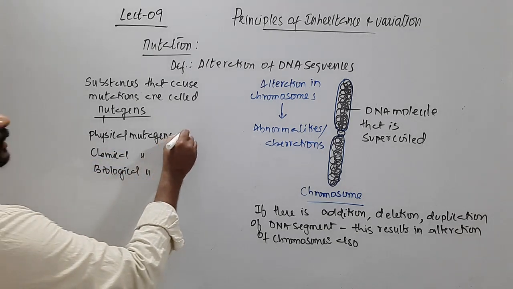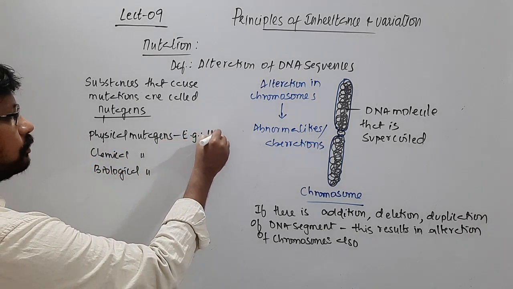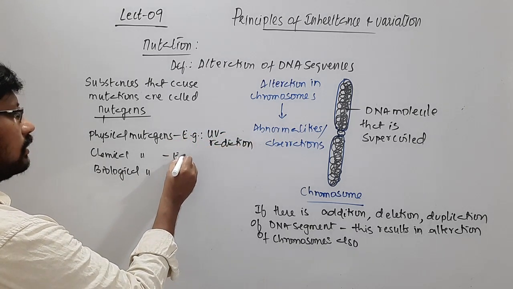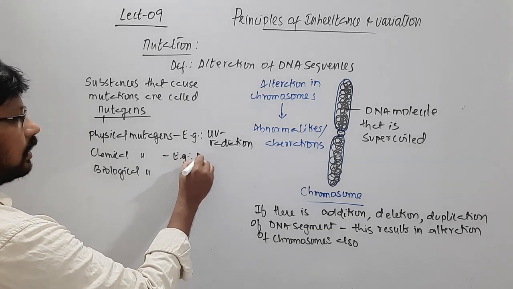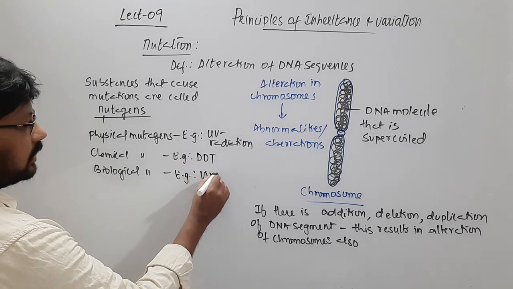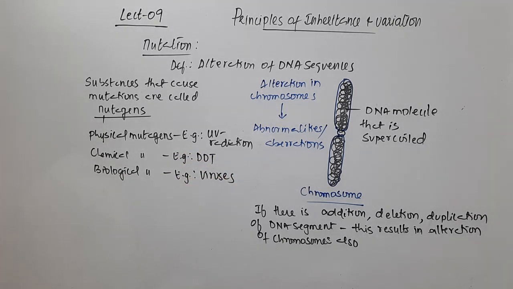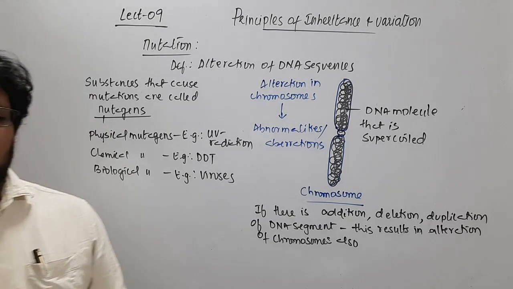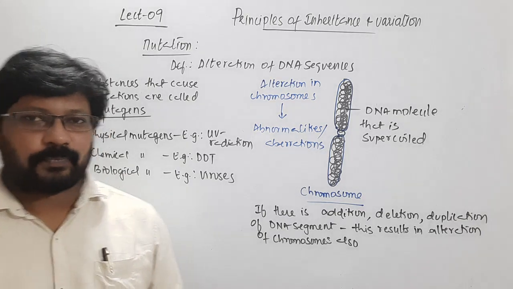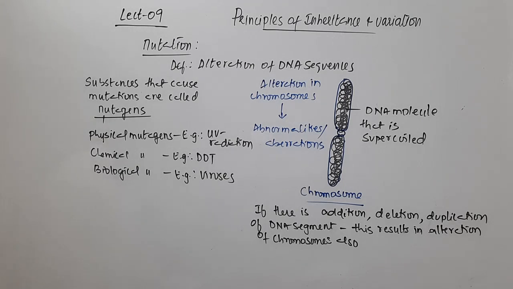Physical mutagens, like UV radiation; chemical, for example DDT; and in the case of biological, viruses. So that's about mutagens, and again this topic of mutation I'm going to discuss in the chapter Molecular Basis of Inheritance after I discuss the genetic code. So that's all about the mutations.